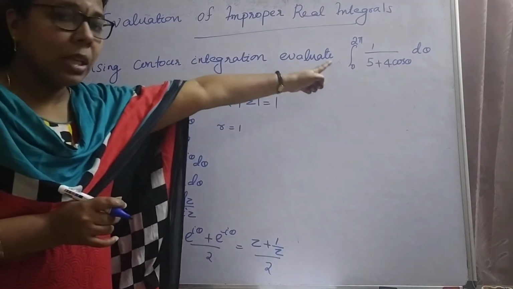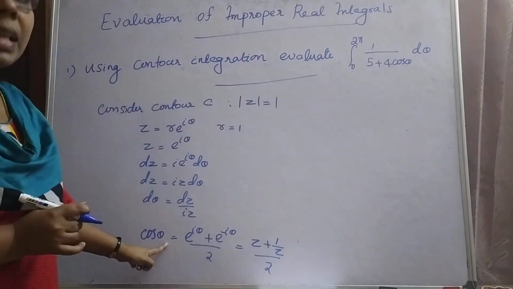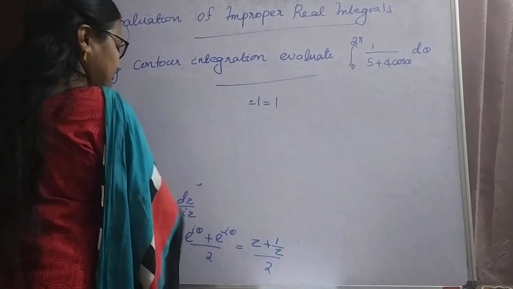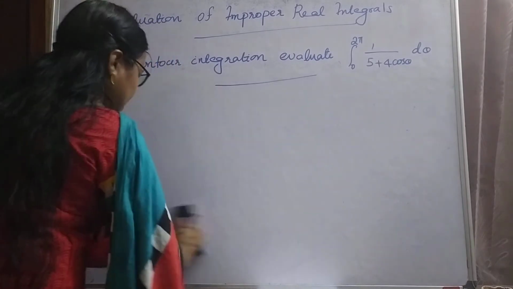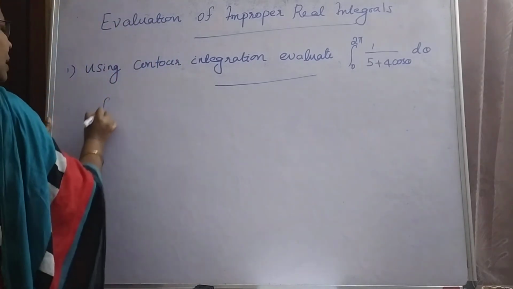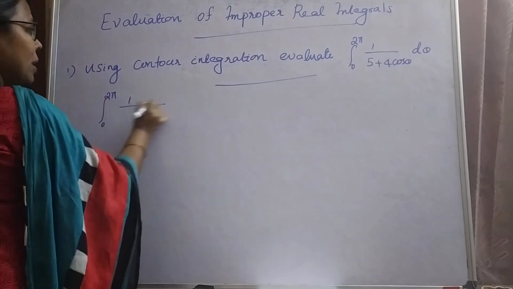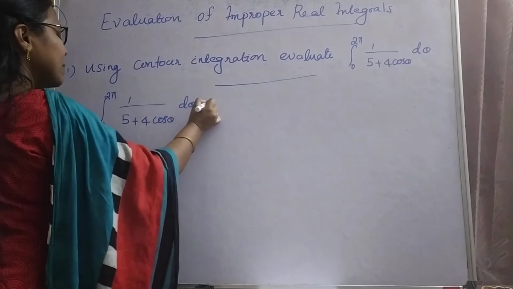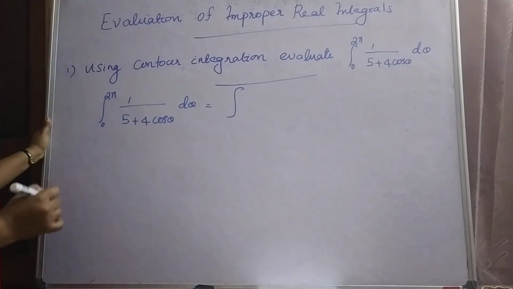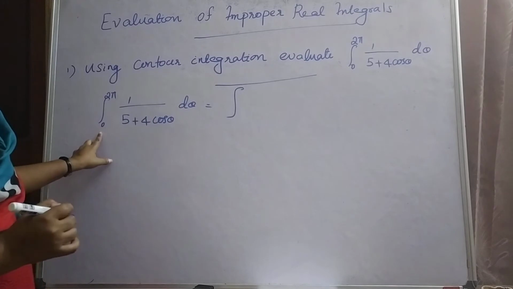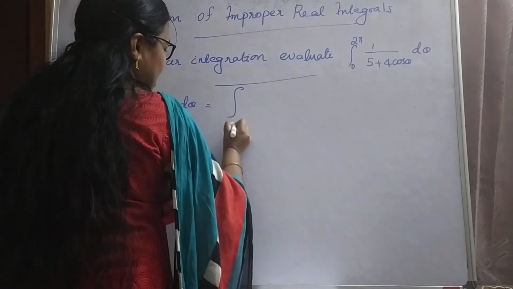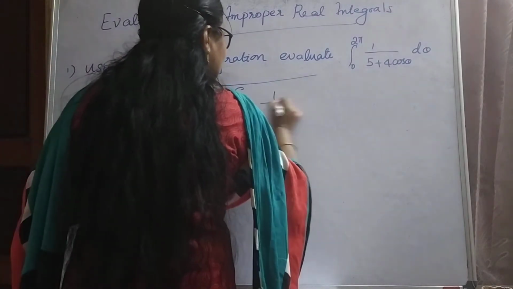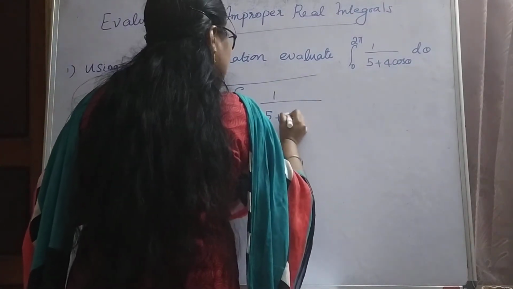Now convert this question into z and dz form. Our question is integral 0 to 2 pi 1 by 5 plus 4 cos theta d theta, equal to integral over our contour mod z equal to 1, then 1 by 5 plus 4.